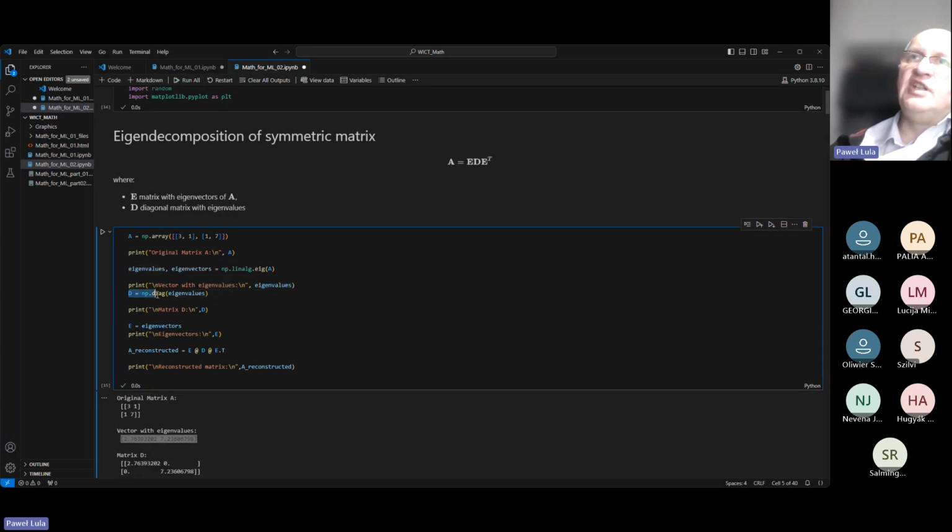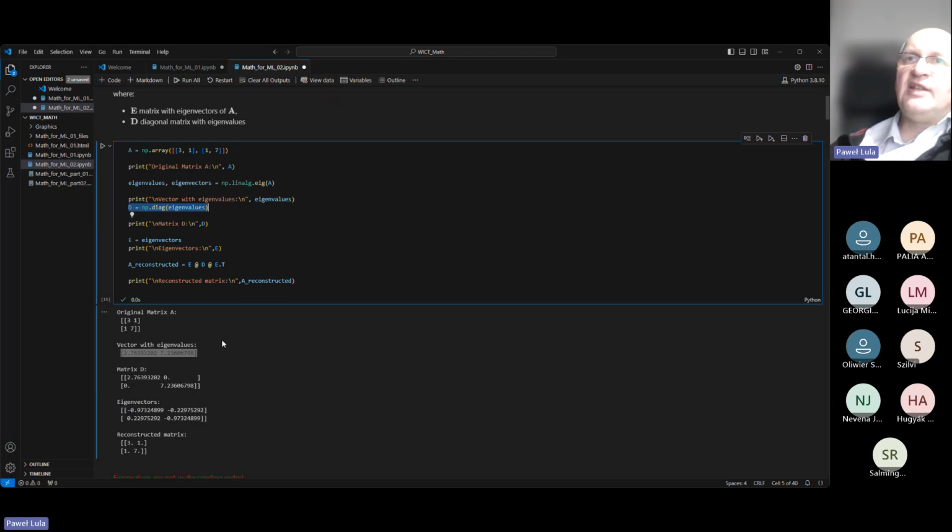I created it here. So this vector with eigenvalues I use here, and I produce a matrix D. On the main diagonal, we have these eigenvalues. This value is here, and this value is here. And on other positions, we have values equal to 0. So it is this matrix D.